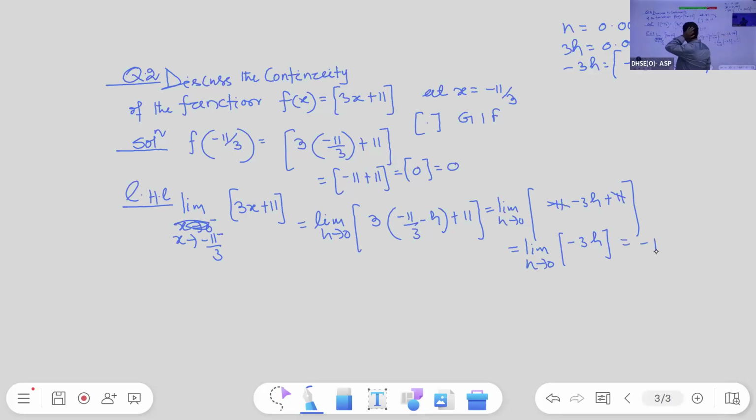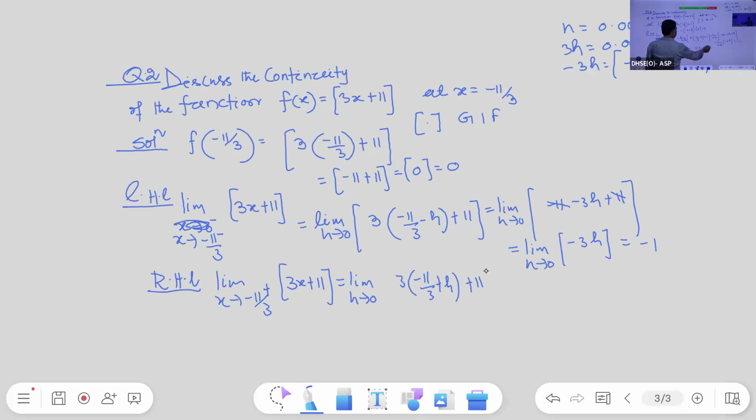Okay. Then come to the right hand limit, RHL. Limit as x tends to minus 11 by 3 plus of the bracket 3x plus 11 equals limit as h tends to 0 of the bracket 3 into minus 11 by 3 plus h plus 11.